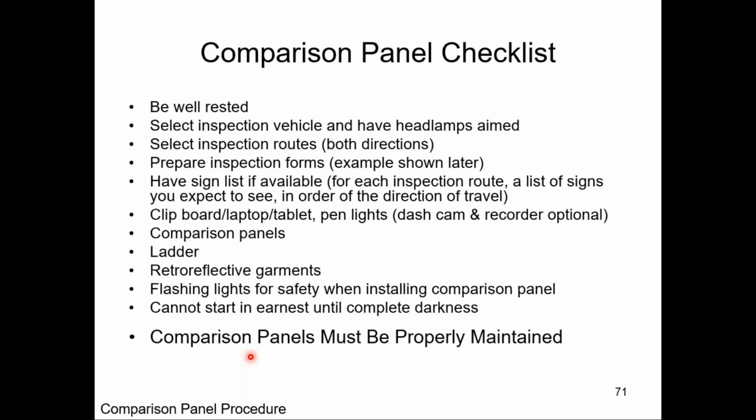Other agencies may need to send it out to a commercial auto place to have that done, but it probably wouldn't hurt if in the file somewhere you have the invoice or the work order that shows that, on such and such a date, this vehicle's headlamps were aimed. If there would be a lawsuit, that can certainly help you overcome arguments being made by the plaintiff's counsel, and you can show that you're following the procedure appropriately.